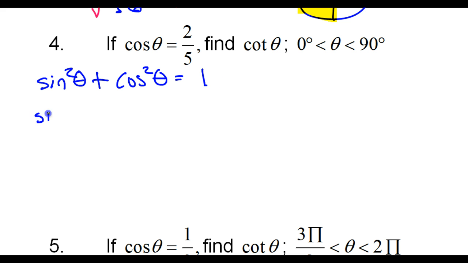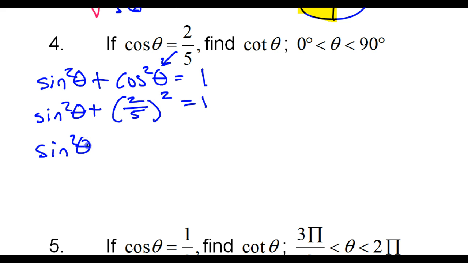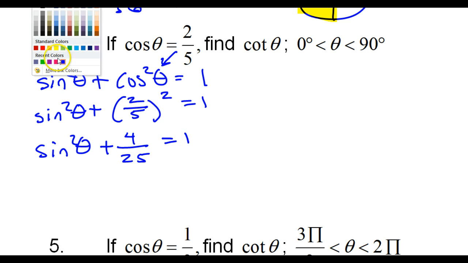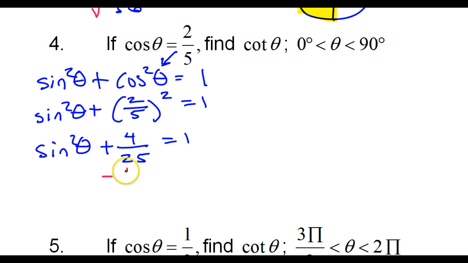So this will become sine squared theta plus, and I'm putting the 2/5 in for cosine theta, so that'll be squared, so that'll be 4/25, is equal to 1. And then we would subtract 4/25 from both sides.